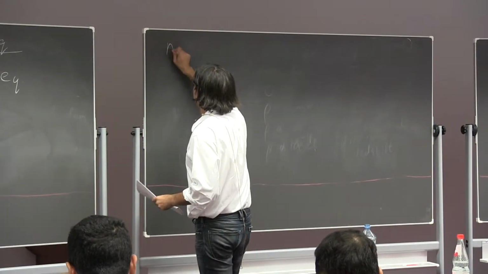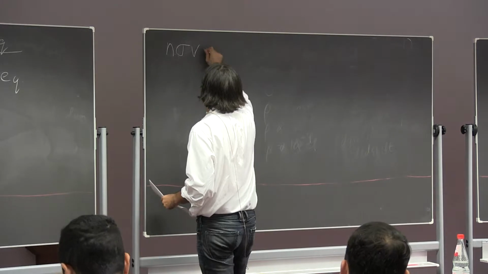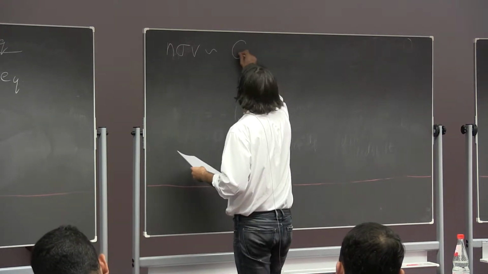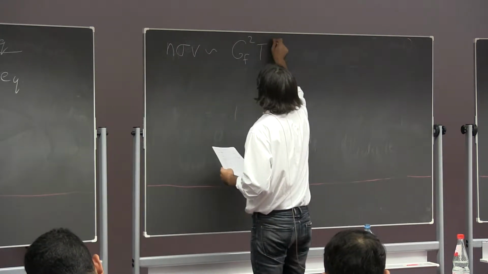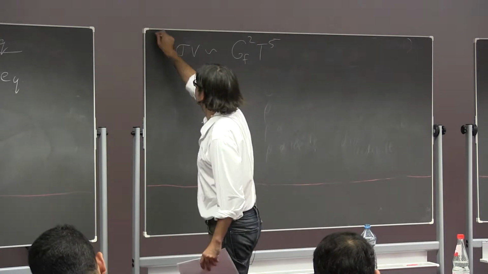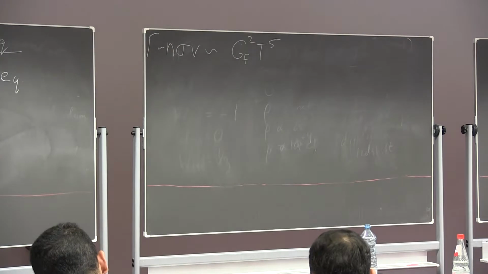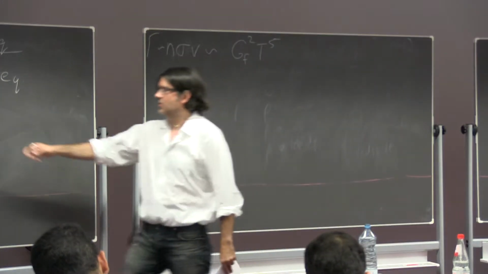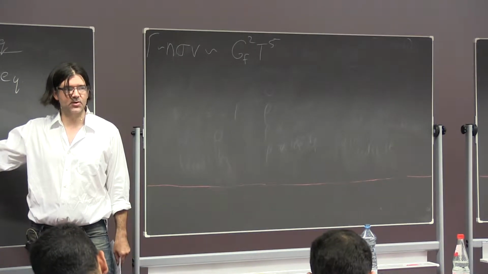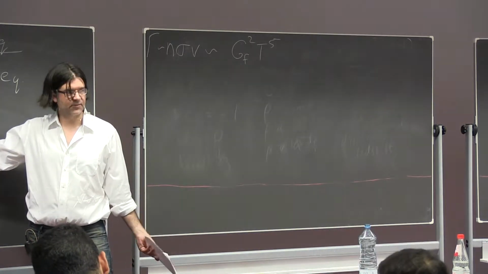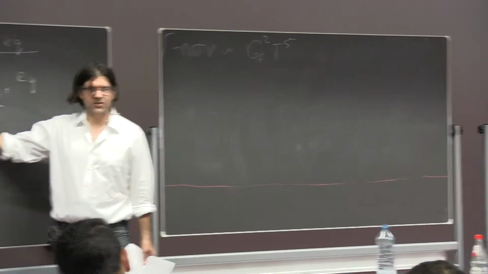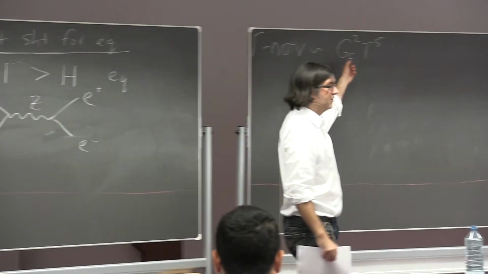So that means that n sigma v must go like G Fermi squared T to the fifth. Right? This is the rate. And you can just write that down without doing any thinking at all, right? Because you look at this process, you know this process goes like 1 over m_Z boson squared. That's effectively G Fermi. That's the amplitude. Therefore, the cross-section has to go like G Fermi squared.